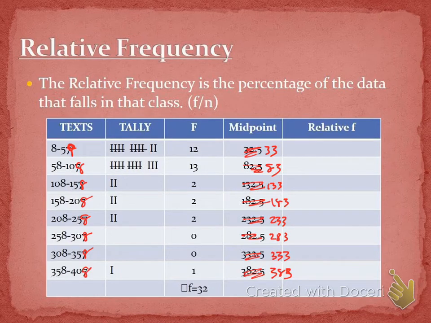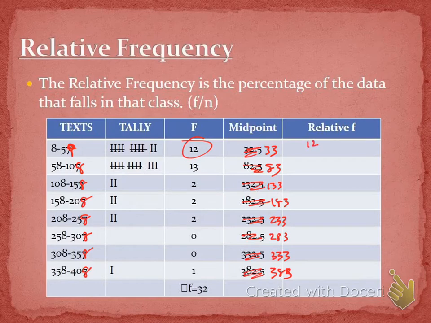Okay, now next is relative frequency. What a relative frequency is, is just a percentage. It's the percentage of our data points that fall in a particular interval. In this first class, there were 12 data pieces that fell in that interval.